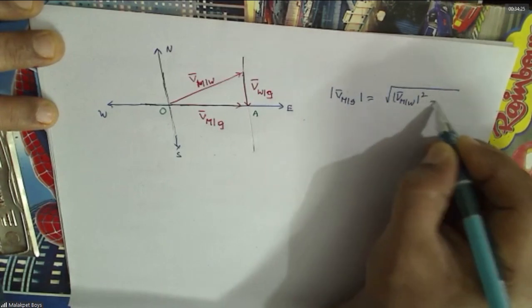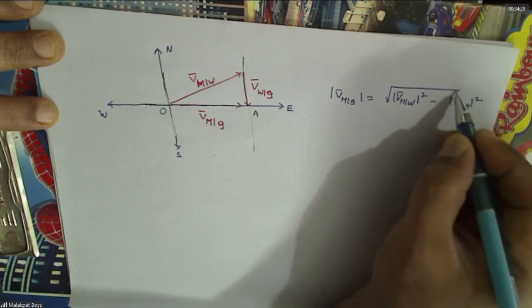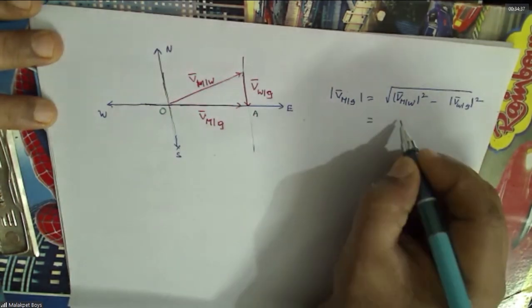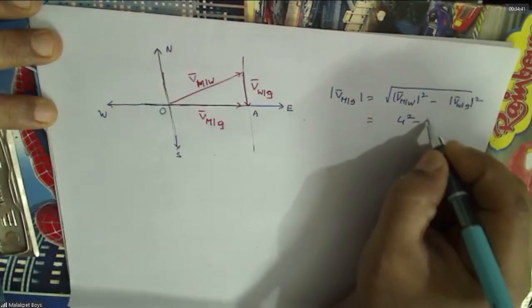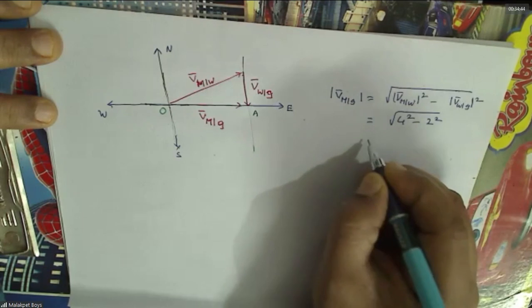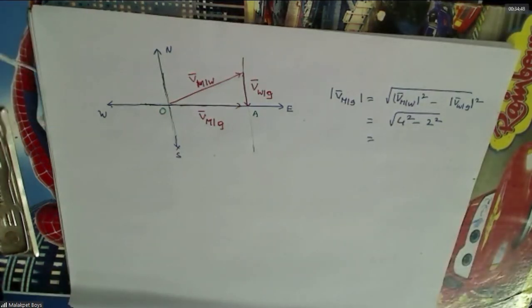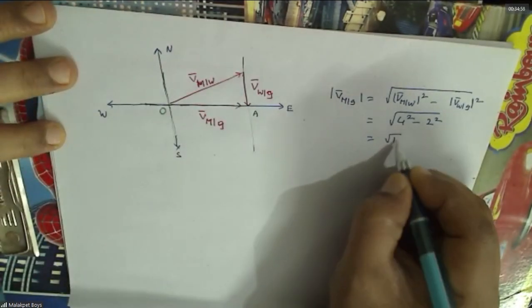This is square minus square. Do you agree with this? How much is this? This is 2, I think, no? How much does it come to? 2 root 3. Root 12, 2 root 3.